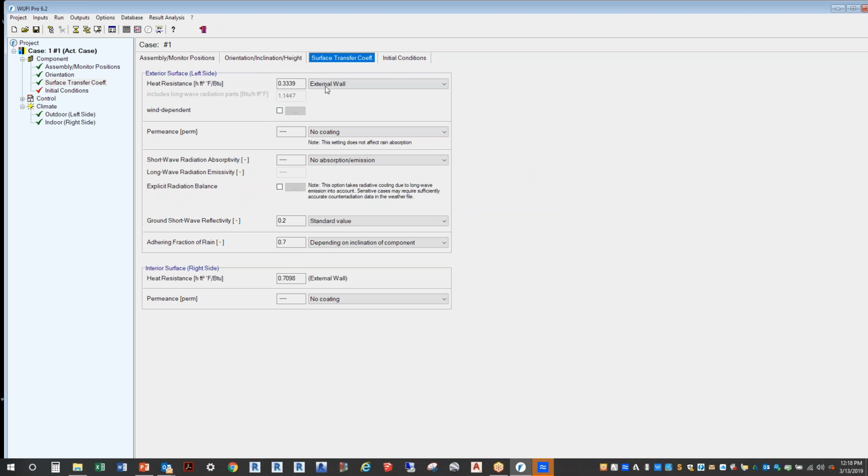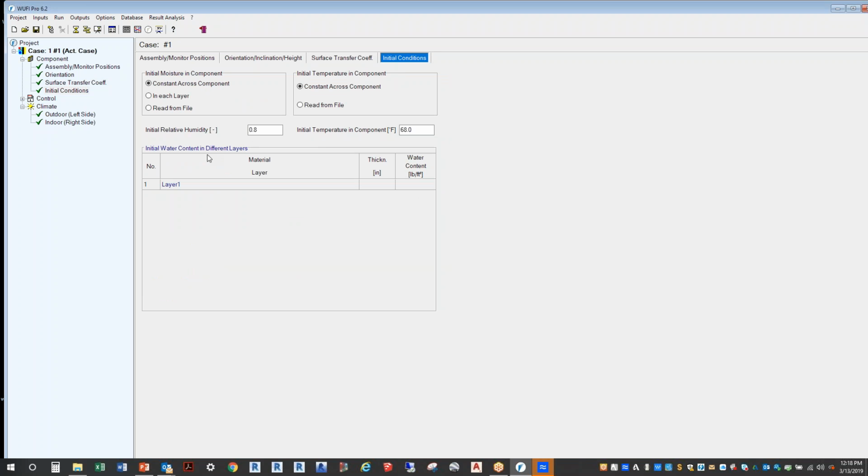Again, if you don't check that, it's just going to rely on the weather file information. You're not going to have any coatings on the exterior. You're not going to want to change the radiation. Again, it's going to use the information out of the weather file. So there's really not much of this that you would want to change because it's all set for the standard normal conditions.